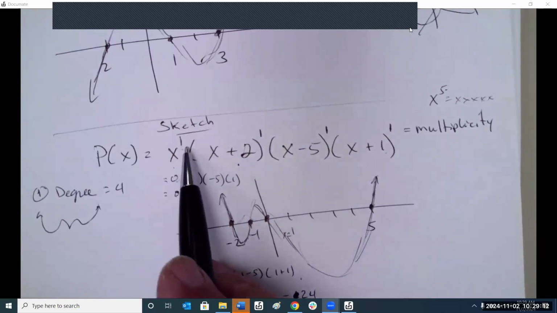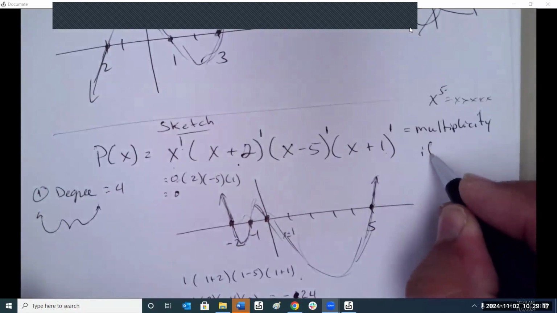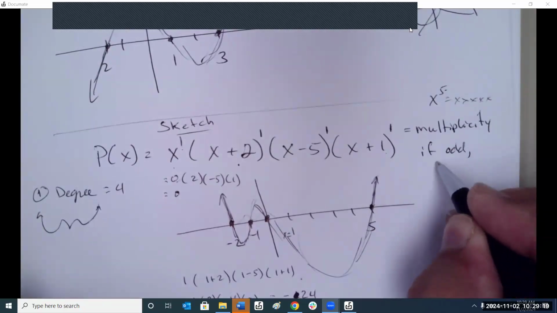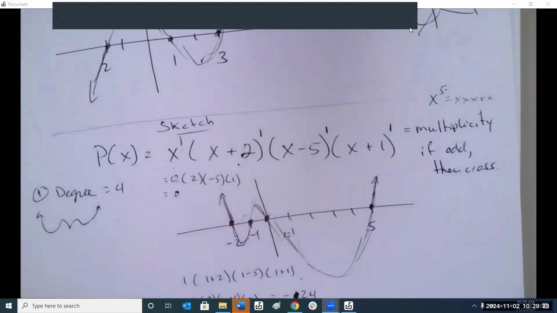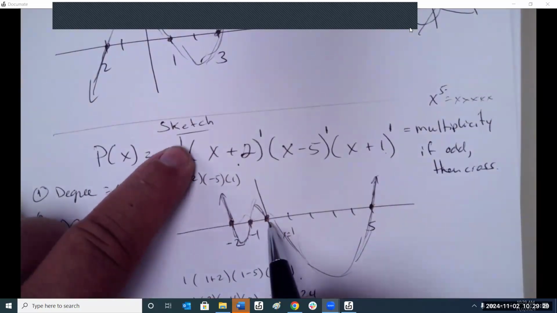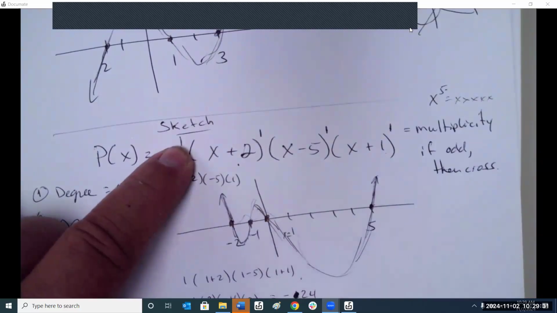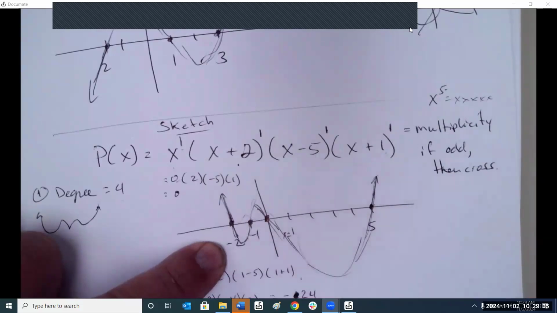Since all of these are odd, if odd, then cross. In other words, at that 0, since it only has a power 1, we know it crosses. At negative 2, its multiplicity is 1, so it crosses.